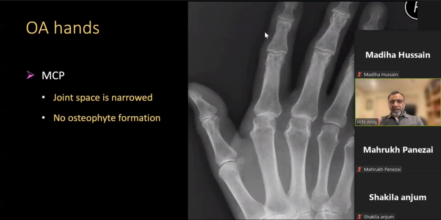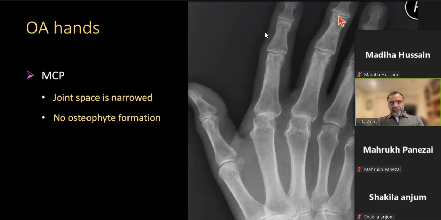Now, the MCP joint, it mainly involves the second and third MCP joints. Okay, but you can see that the joint space is reduced, but there is no marginal osteophytosis. This is very important because in certain conditions, as we discussed, we will have marginal osteophytosis, and that will put it in a different category. Now look at the IP joints.